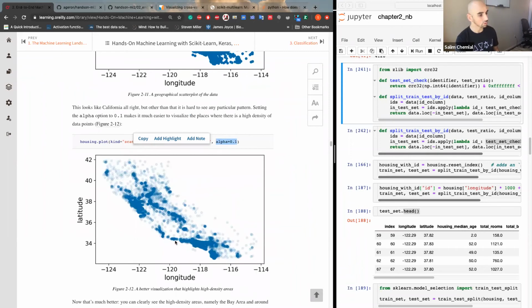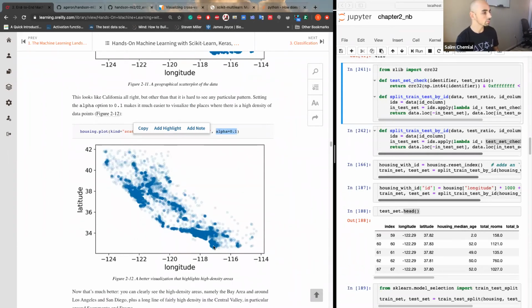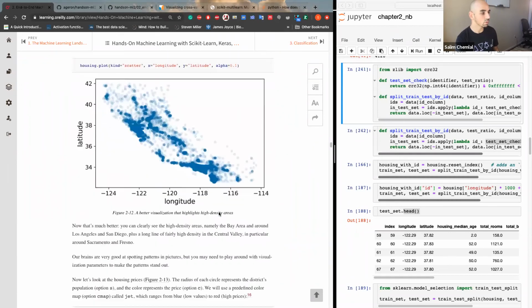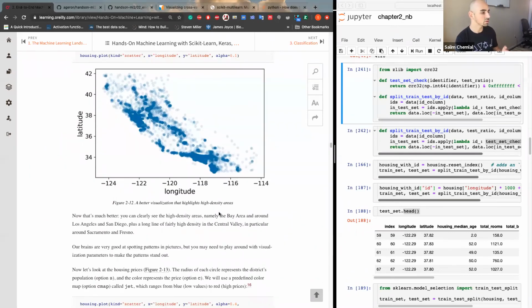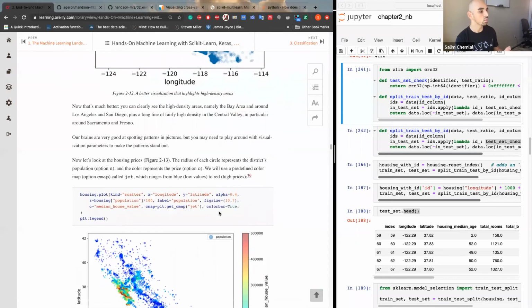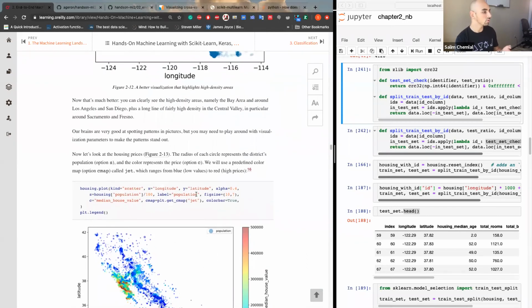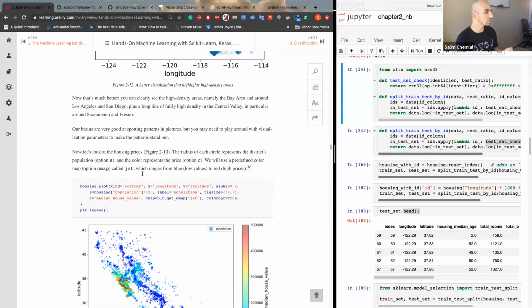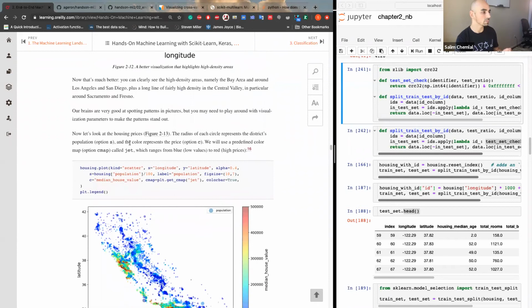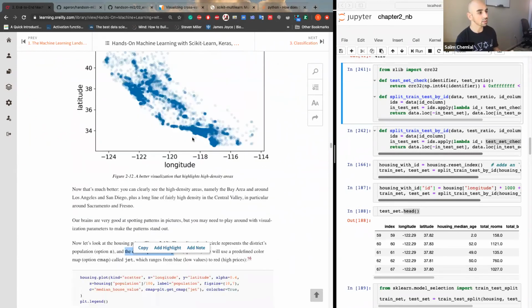This is south going to LA and San Diego and so forth. Then he took it even to another level where he added not only the density, but the colors represent the price. So this is a nice example of how we want to explore the data.